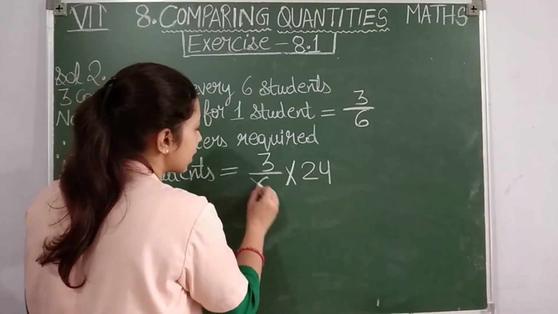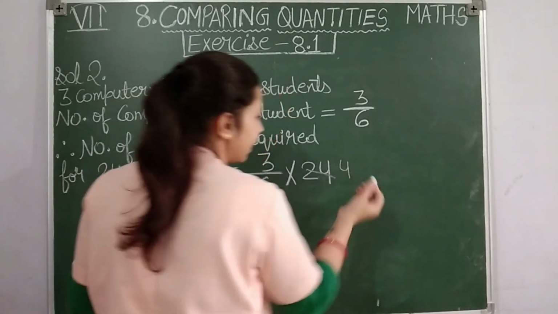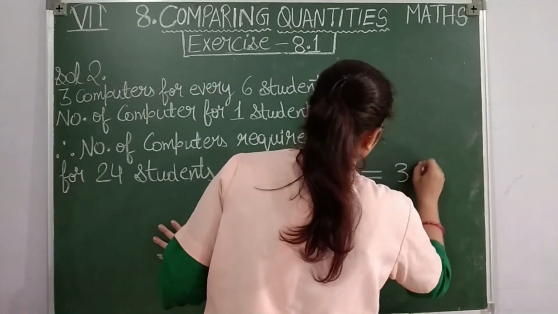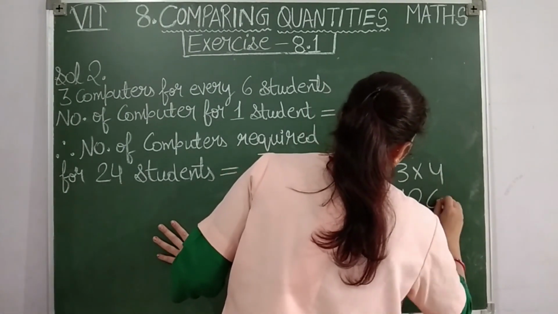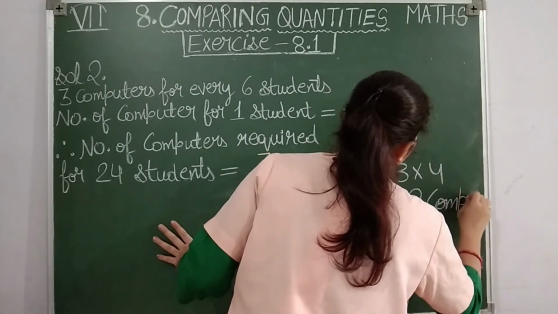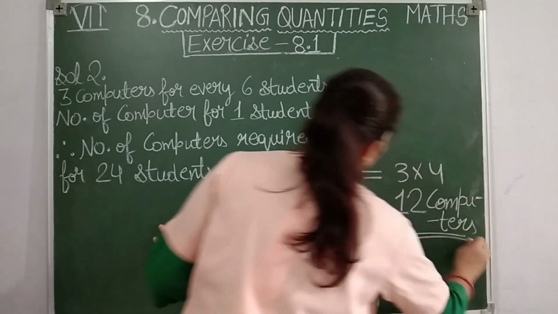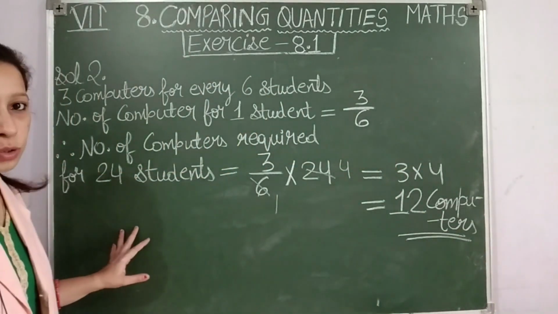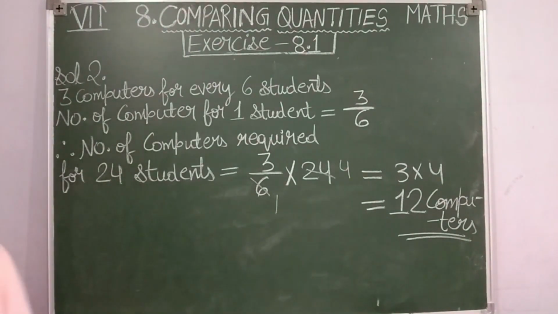So here students, 6 1s are 6, then 6 4s are 24. What is left? 3 into 4. So 3 4s are 12. Okay students, so for every 24 students we will require 12 computers. Got it, students? Okay, so you can note it down and then we'll see question number 3.